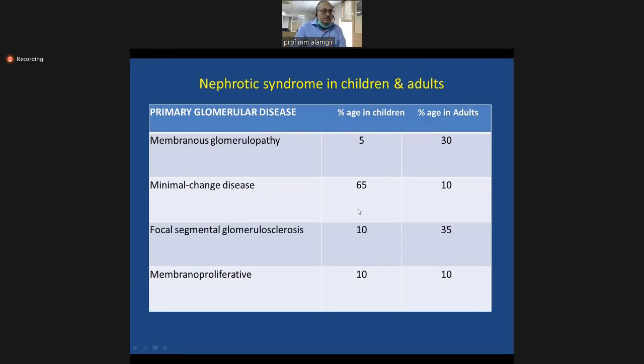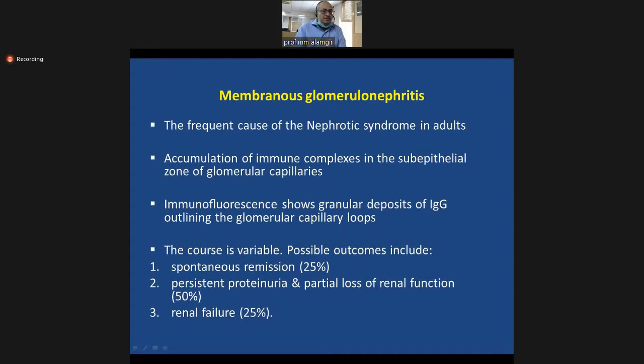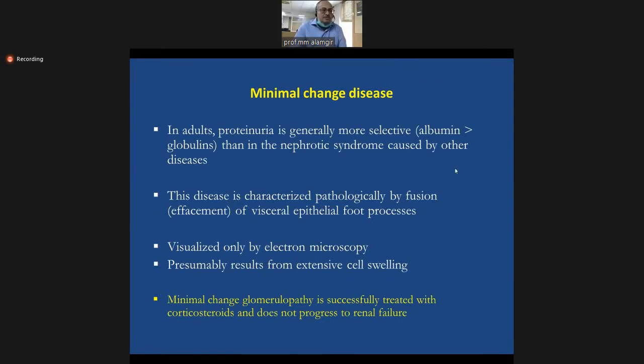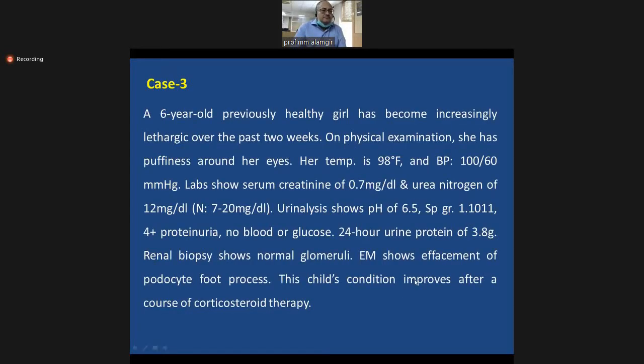Others are less common causes. So what is minimal change disease? We may discuss here. Minimal change disease is called so because the renal biopsy shows normal glomeruli, no abnormality which can be discerned on routine histopathology.